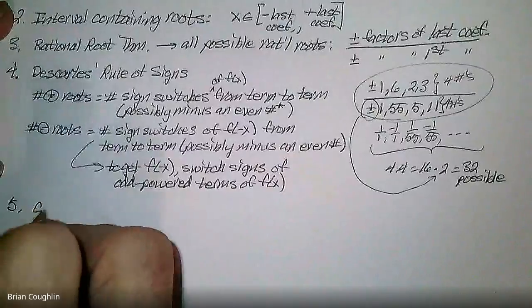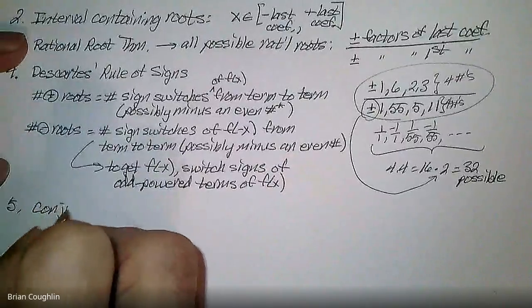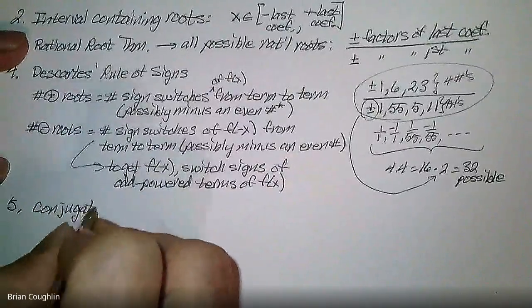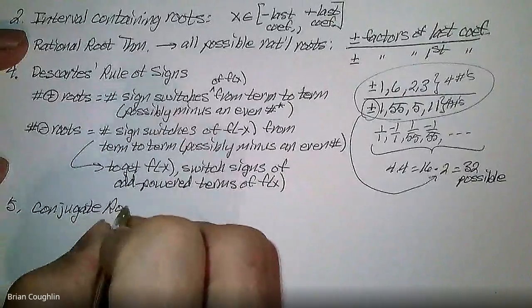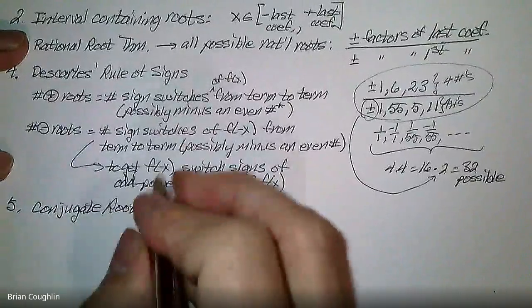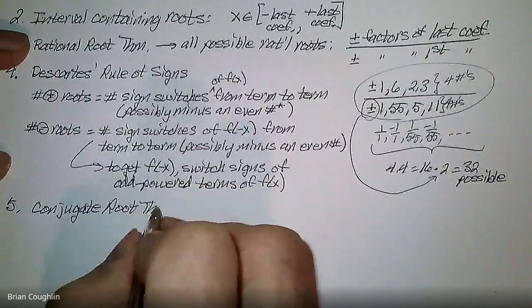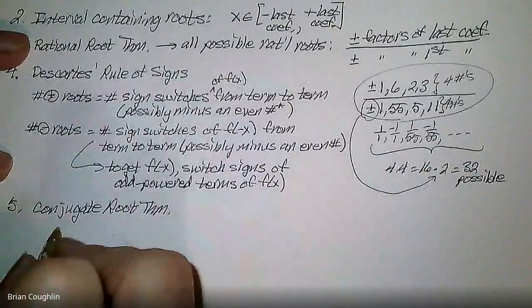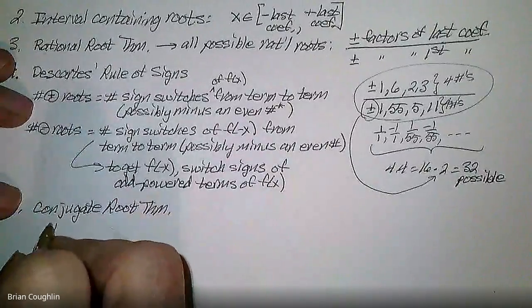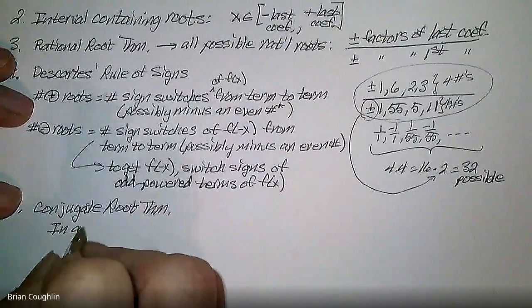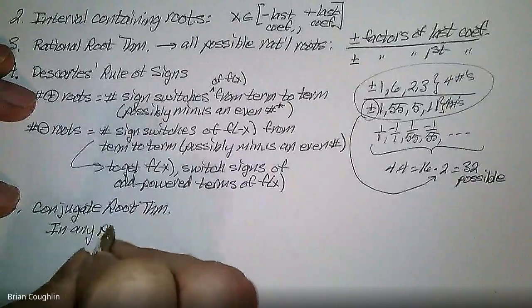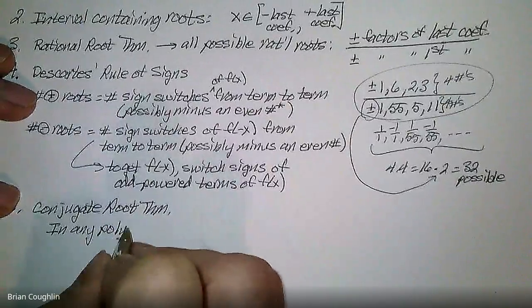Number 5 is called the conjugate root theorem. A conjugate, I'll show you what that is in a second. We've gone over it. Theorem. In any polynomial, and polynomials are what we're talking about in this chapter.